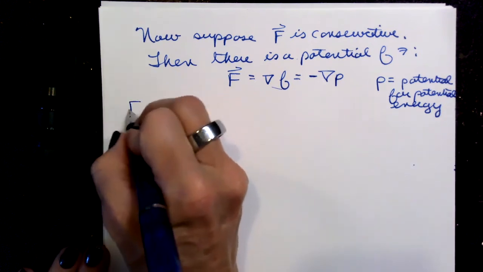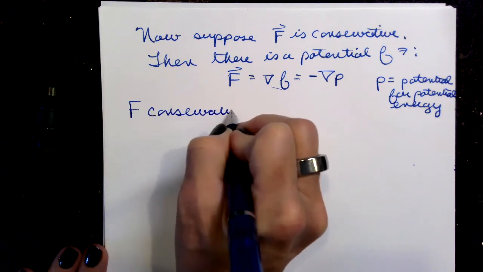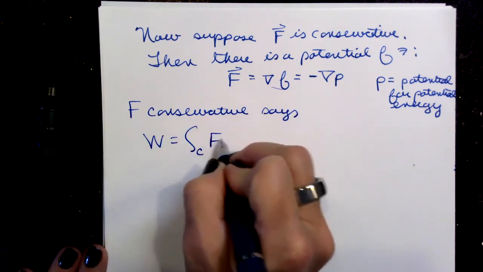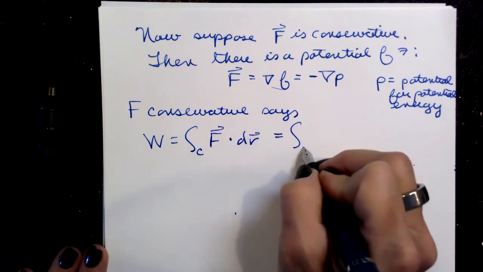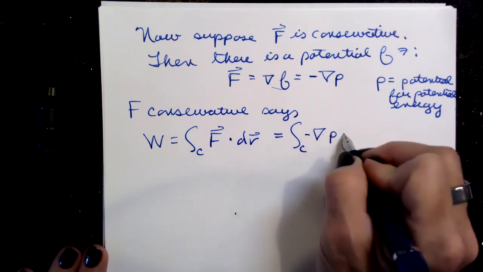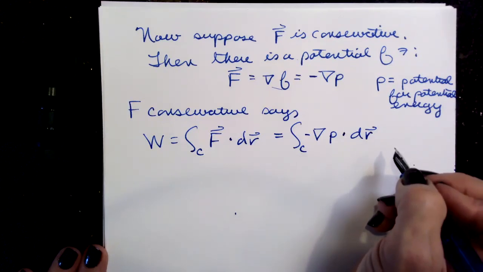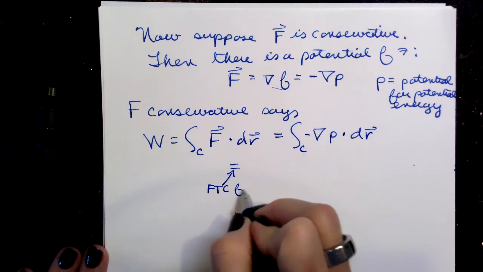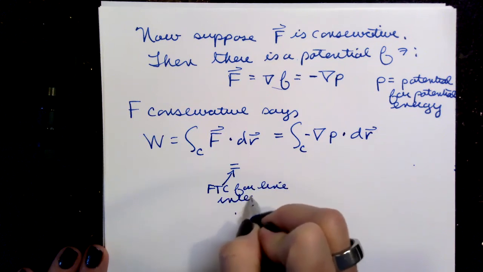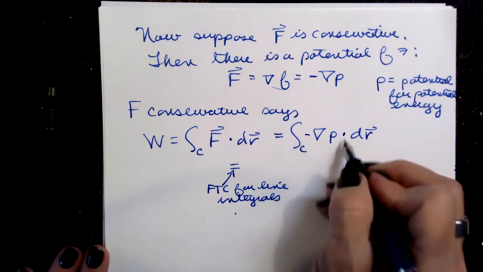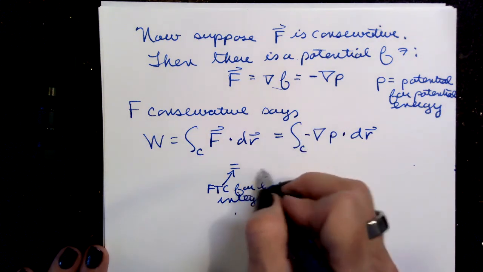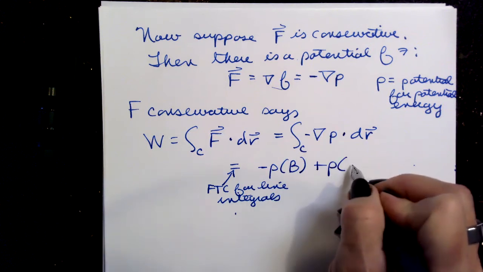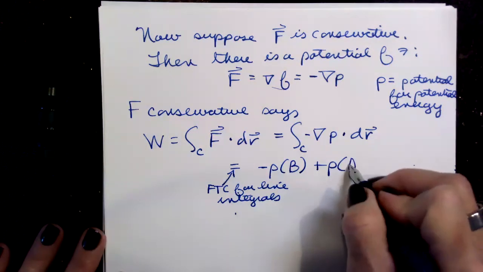So F conservative says that the work, which is the integral over the curve of F dot dr, is equal to the integral over the curve of minus gradient P dot dr. By the fundamental theorem of calculus for line integrals, we get minus p evaluated at the endpoint B, minus the value of minus p at the starting point.